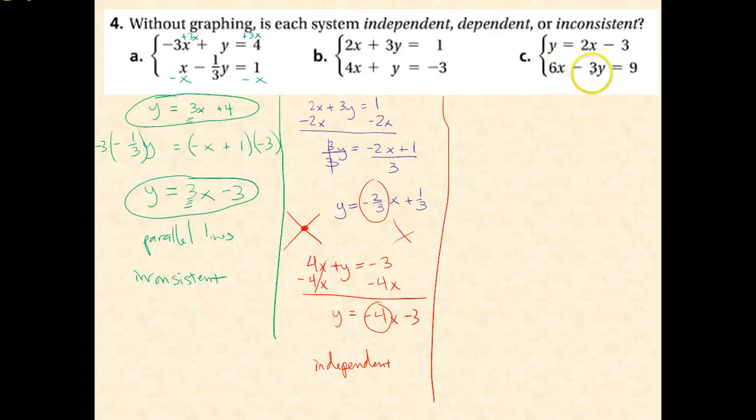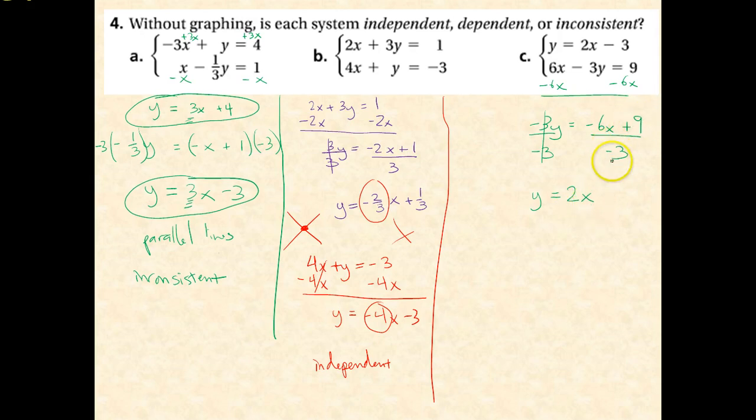Okay, so 6x minus 3y equals 9. If I subtract 6x from both sides of the equal sign, I get negative 3y equals negative 6x plus 9. Then if I divide both sides by negative 3, I get y equals negative 6 divided by negative 3, which is positive 2x.